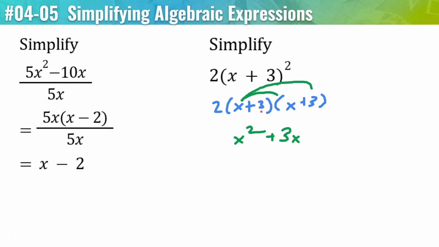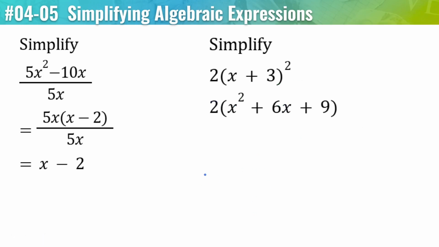And then you have to multiply this one, 3 and x, and then 3 times 3. So combining like terms, you're going to get this. So from here, you now need to apply the distributive property again. So multiply 2 to all of the terms, and you get this. So this is the simplest form of it, but there's actually a faster way to do it.